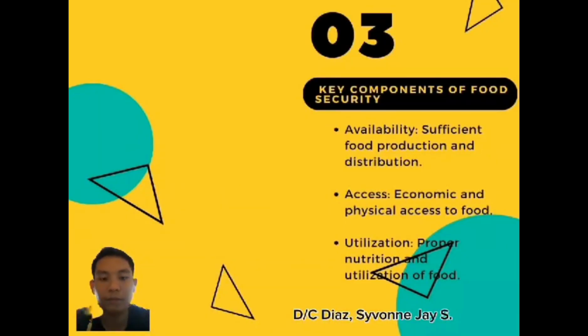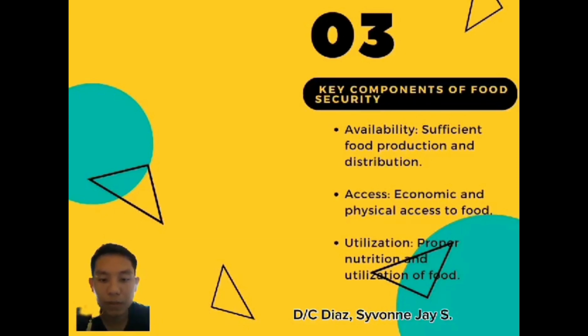So next, key components of food security. Let's break down food security into three crucial components. So, availability. It's ensuring enough food is produced and distributed globally. Access. Guaranteeing everyone has the economic and physical means to obtain food.